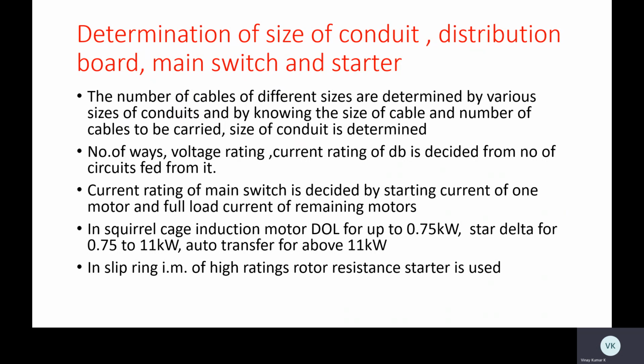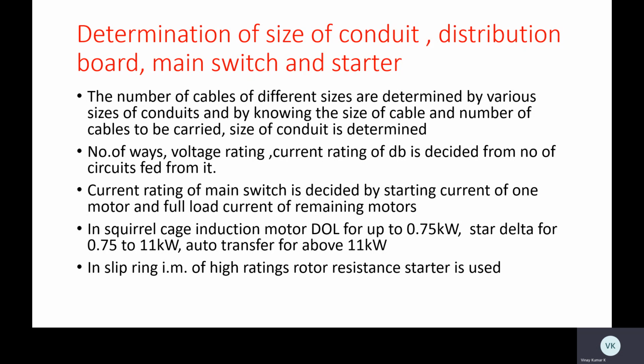In a squirrel cage induction motor, what happens? Direct online starters are used for up to 0.75 kilowatt, star delta for 0.75 to 11 kilowatt, and an auto transformer is used as a starter for above 11 kilowatt. So here, in squirrel cage induction motors and slip ring induction motors, the starters we use are decided based upon the rating of the motor.